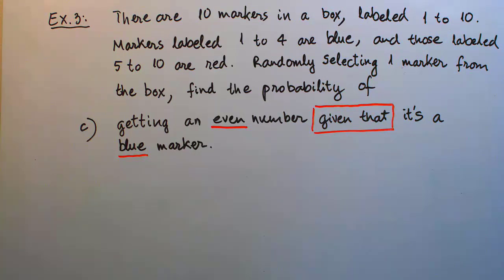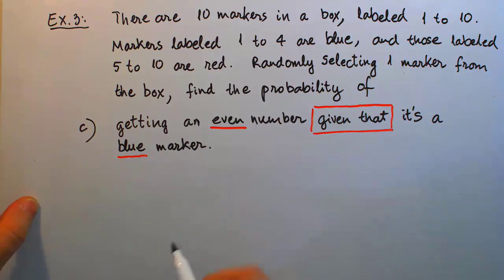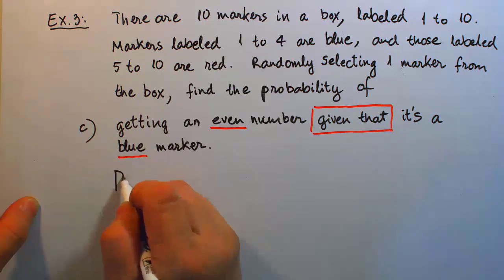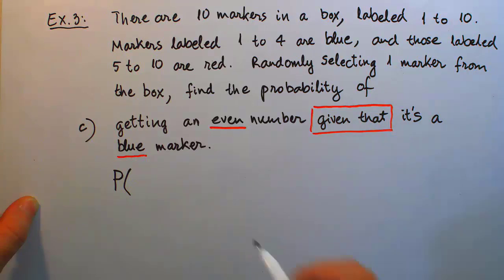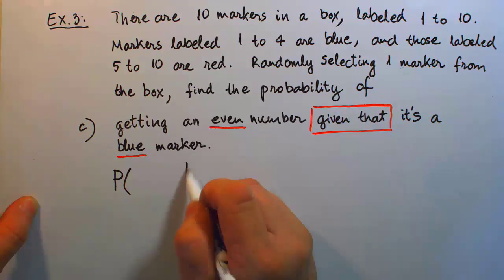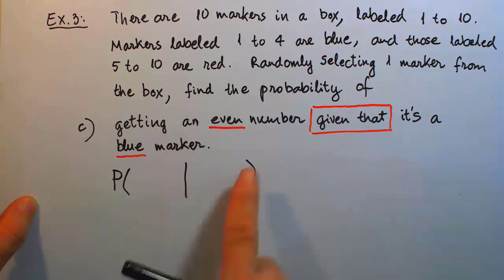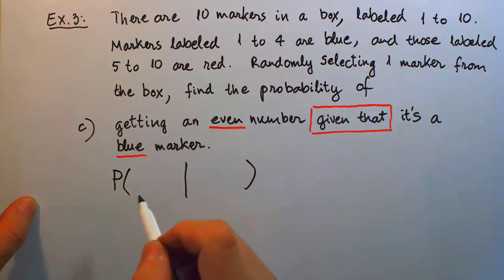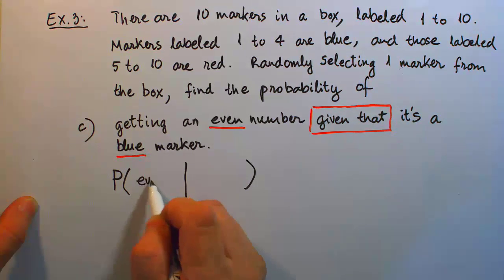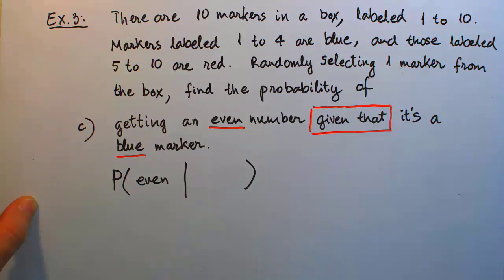And now let's set up the symbolic statements. P, the probability, in parentheses, with the vertical bar representing given that. This time we're going to switch the order of the two primary events, even and blue. So even stays before the bar, and being a blue marker stays behind the bar.